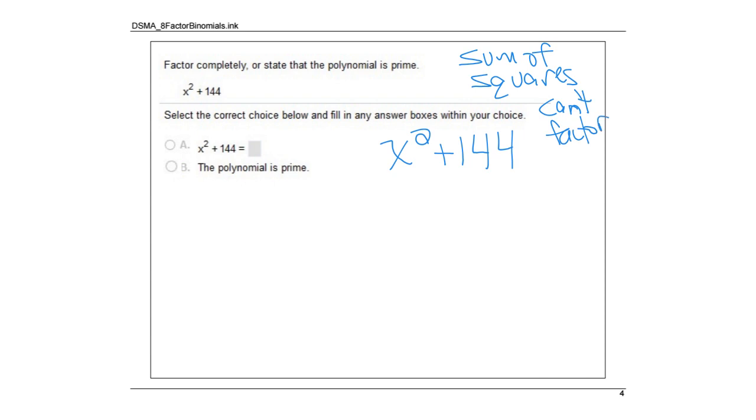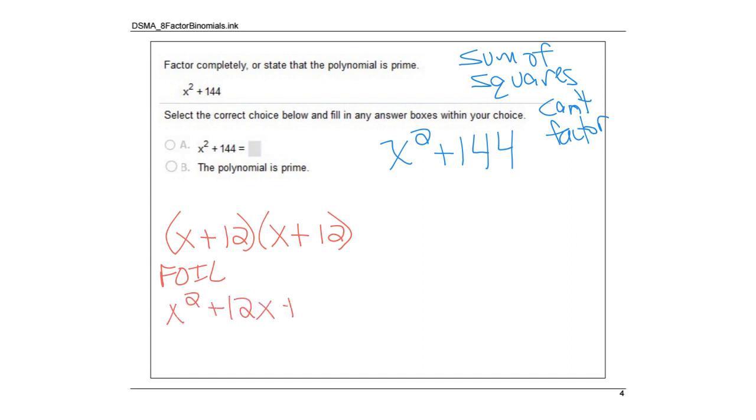Let's come over here. If I tried to put the x and the x and the 12 and the 12, well, I can't do a plus or a minus because we need to have a positive 144. So if we put the positive in here, now when we go to check our work, when we FOIL, you'll notice that we get a middle term and we do not get back to the original problem.